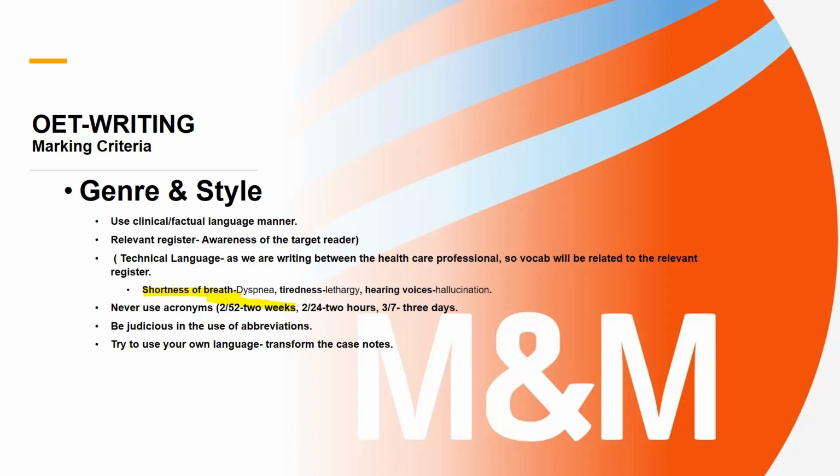Rather, we have to change it. Similarly, at times you will see 2 by 24, which means for 2 hours, and similarly 3 by 7 for 3 days, 2 by 12 for months, right? So accordingly, we have to expand them. So genre and style is important by maintaining the factual or technical language, right?